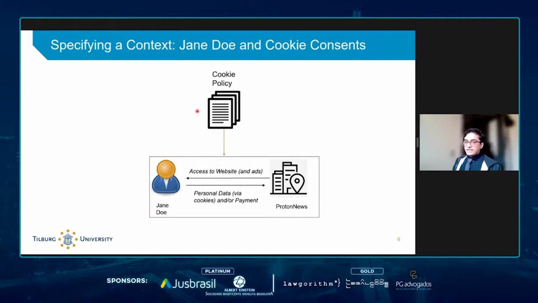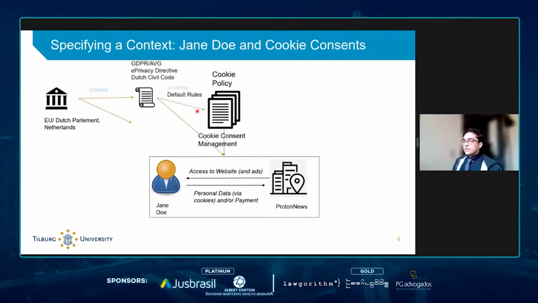So the cookie policy is what sets this apart, but cookie consent managers are what give users the options to interact with this. In our context, Jane Doe is a resident of Amsterdam, and therefore the EU and the Dutch Parliament together create regulations such as the GDPR and its local implementation, the AVG, and the ePrivacy Directive and the Dutch Civil Code, which affects this transaction.